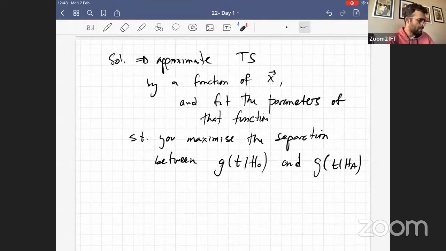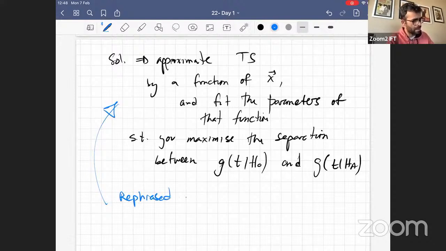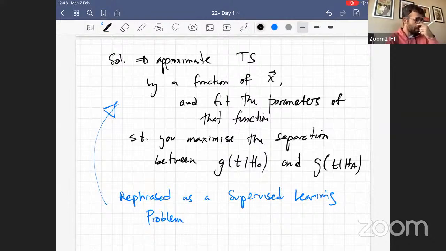And actually, this whole idea can be rephrased or reinterpreted as a supervised learning problem.